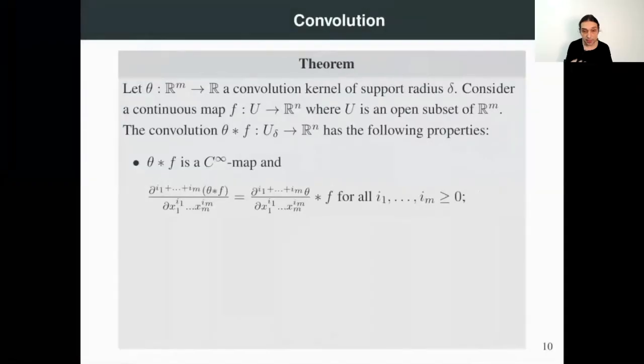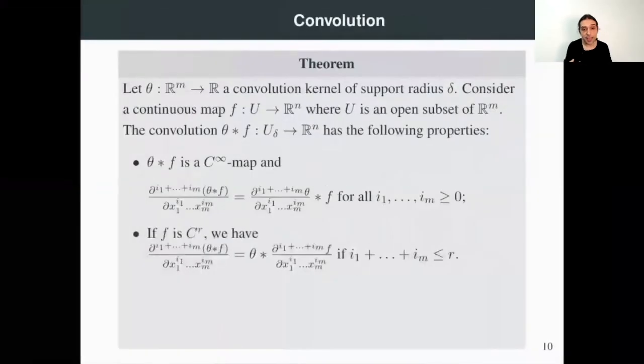Besides that, for any derivative, the derivative of the convolution of theta and f is the corresponding derivative of theta convolved with f. And this is the reason why this map is C-infinity.